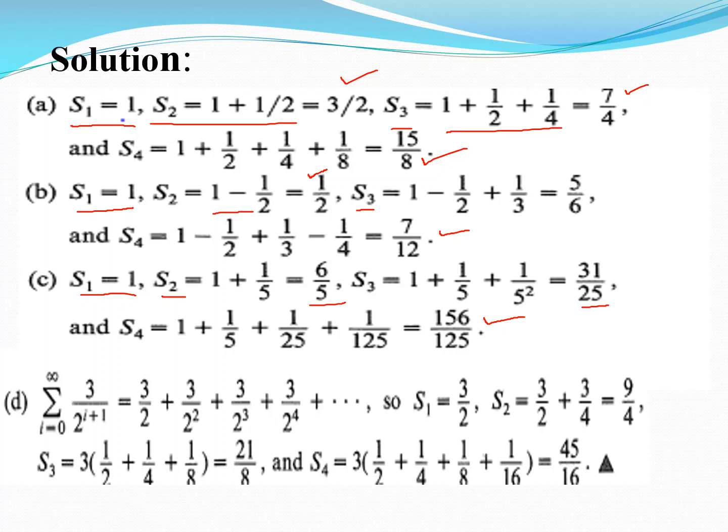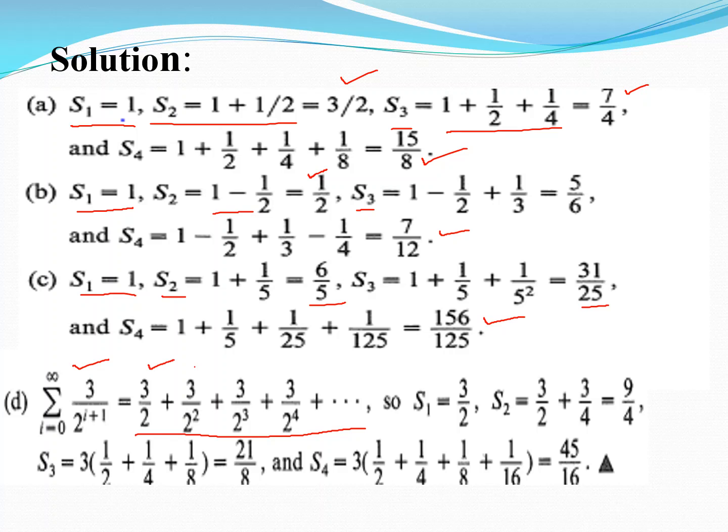While if we observe part D, which is given in summation form, we can write it in this form by expanding, because i varies from 0 to infinity. If we take i equal to 0, we obtain this term.